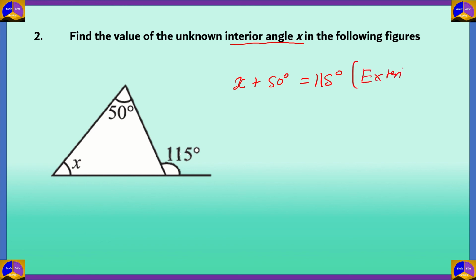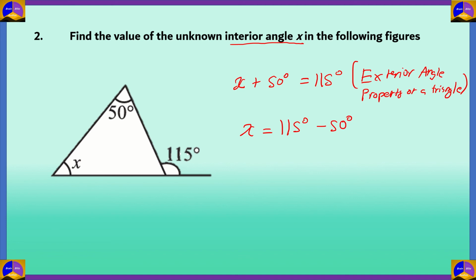Reason: exterior angle property of a triangle. So using the transposition method, we can bring plus 50 degrees to the right hand side. So it will be 115 degrees minus 50 degrees.